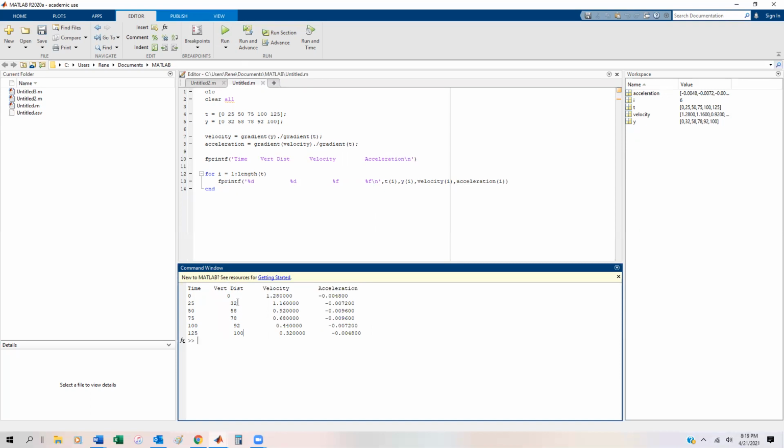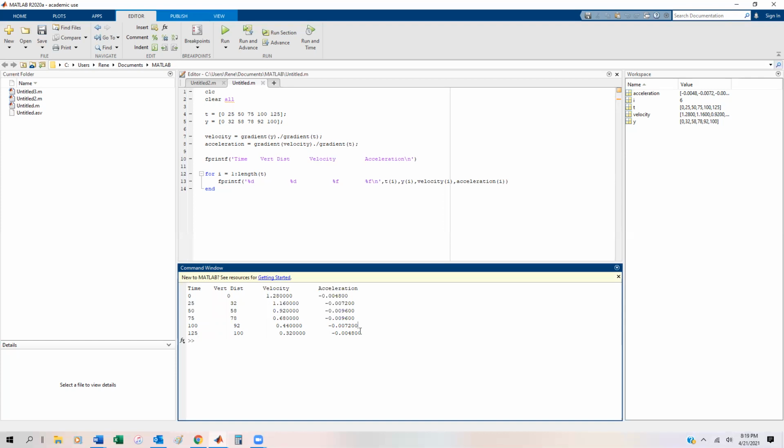So it goes 32, then almost another 30, like 26, then another 20, then like 14, and then it only goes 8. So each time the velocity is slowing down, which makes sense. And if the velocity is slowing down, that means the acceleration is slowing down. What is the rate of change of the rate of change? If the difference between the velocities is smaller each time, then the acceleration is going to slow down each time.